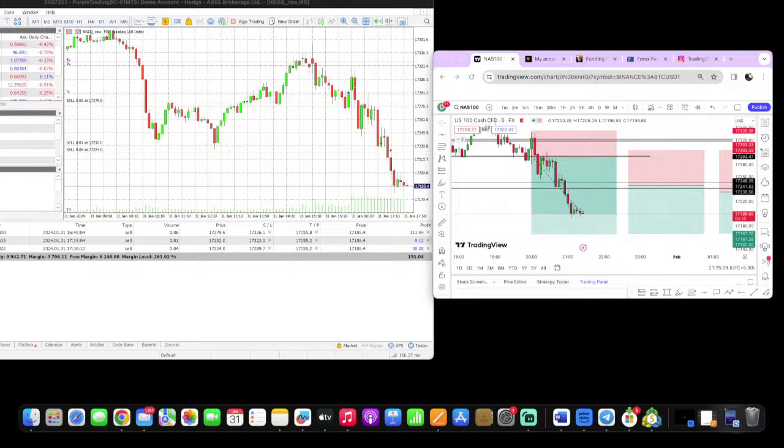Let's see. If we hit the target, most probably our drawdown will be over. Right now it is 9950, but yeah, nothing is confirmed till the trade is closed.